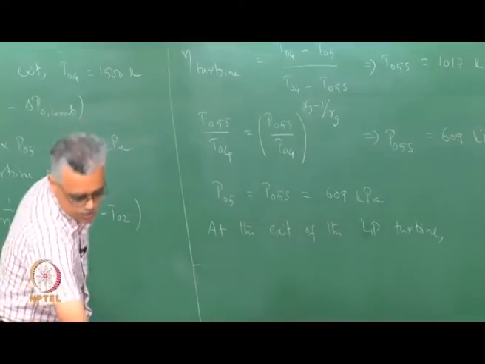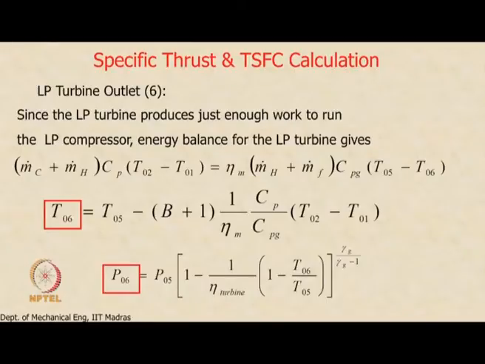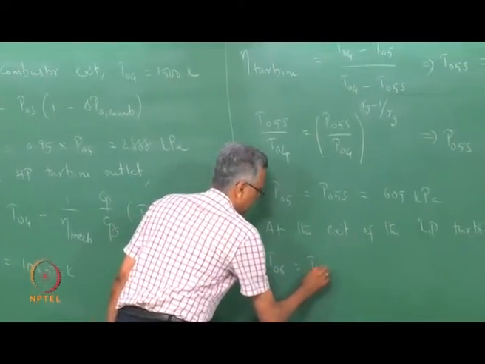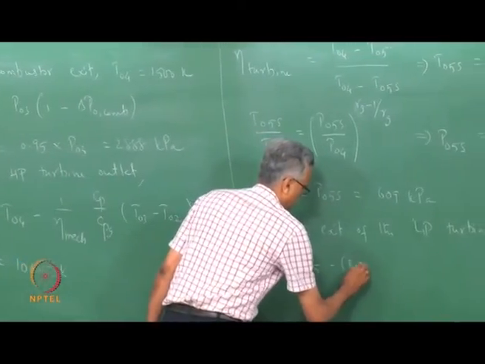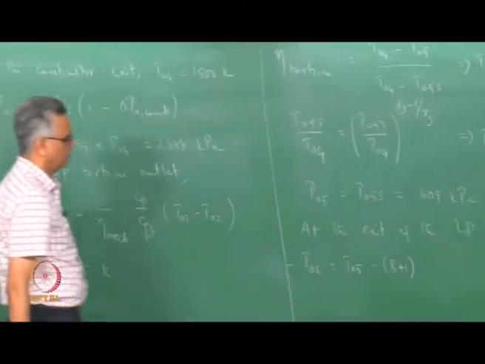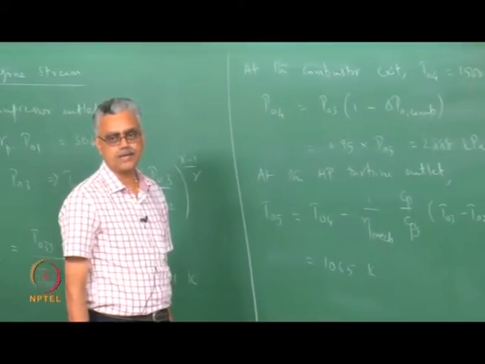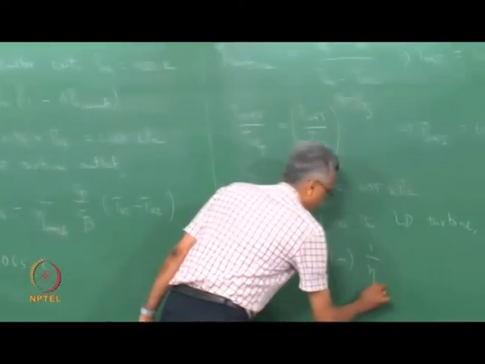So, at the exit of the low pressure turbine, we have the following equation. The low pressure turbine produces enough work to run the fan, which means that T06 is given as T05 minus, remember the amount of mass flow rate through the entire fan is m dot C plus m dot H. So, that is why we have this B plus 1 term here.